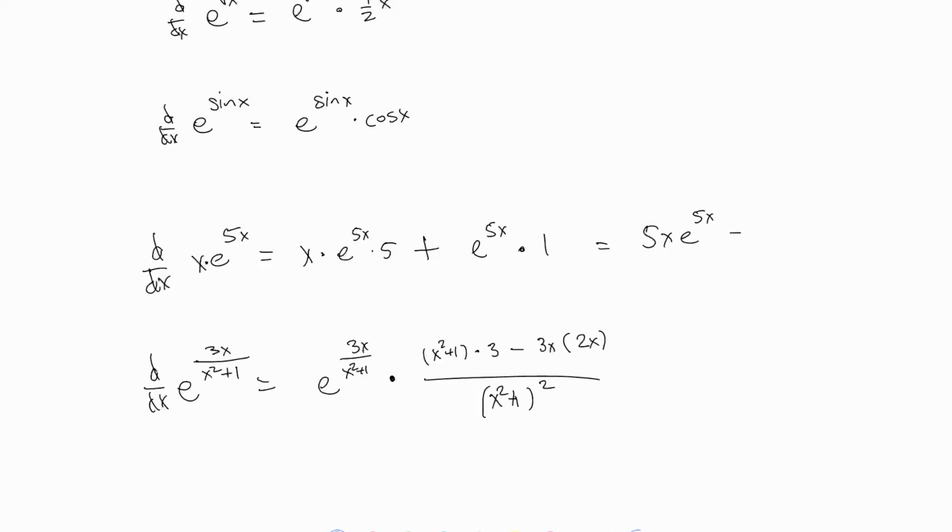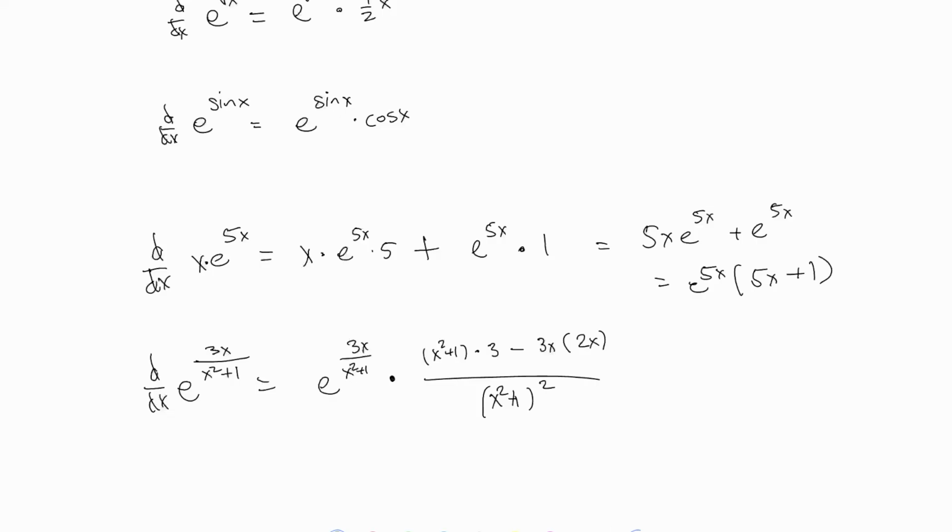Or you could write it the other way around, e to the 5x plus 5x e to the 5x. I suppose you could factor e to the 5x out of both of these. I don't know why you would, but it's the same as e to the 5x times (1 plus 5x). I consider that to be weird, but it's the same.